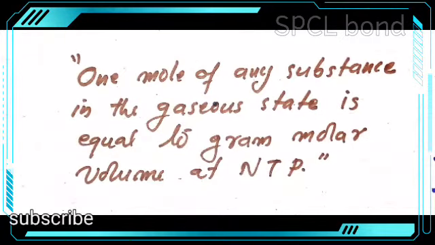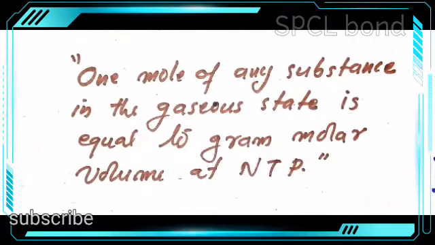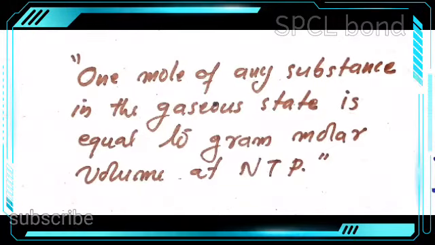22.4. That means, in the case of a gas, the volume occupied by 1 mole of any gas at NTP is dash liters. Fill the blanks. 22.4 liters. And it is called gram molecular volume.